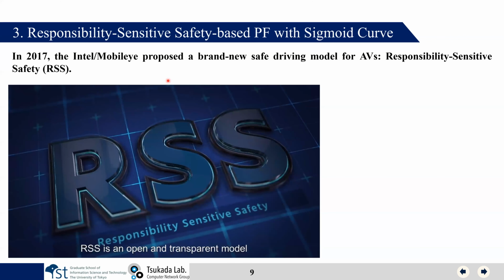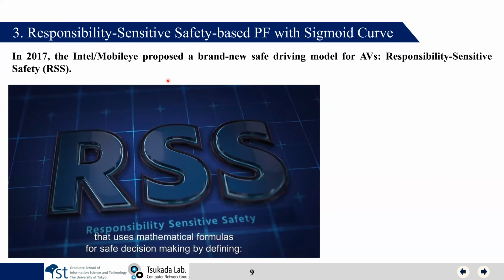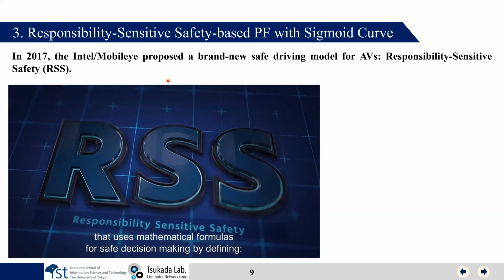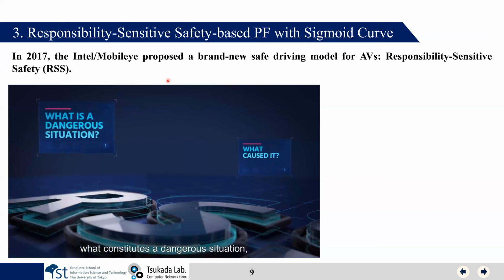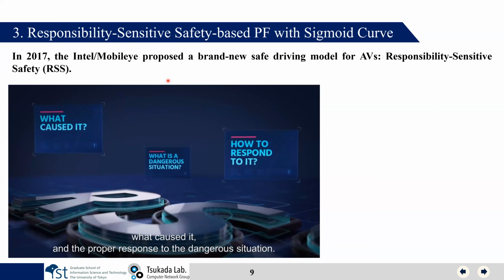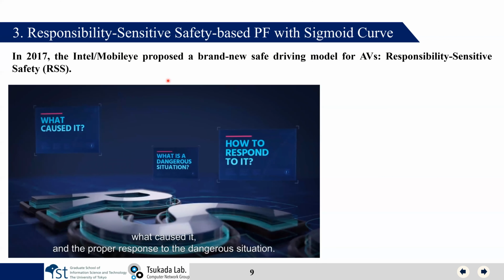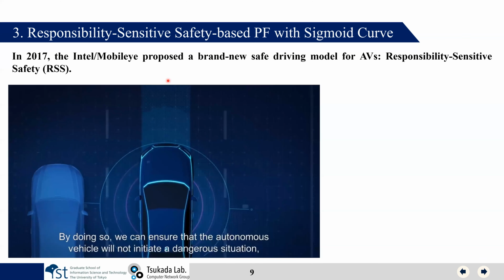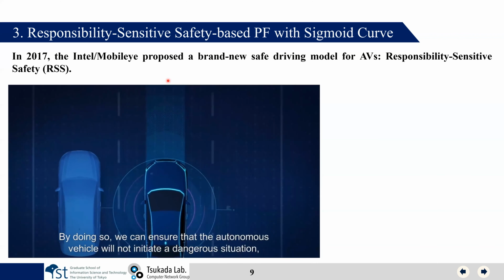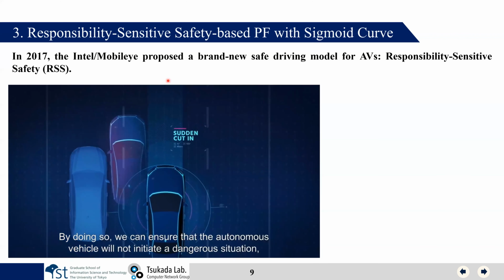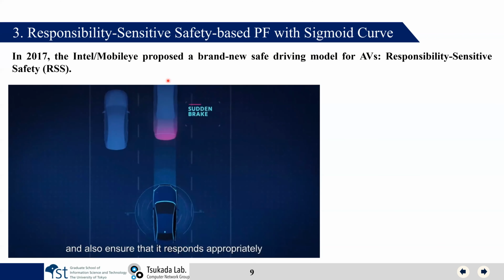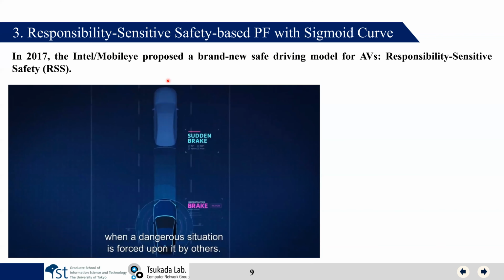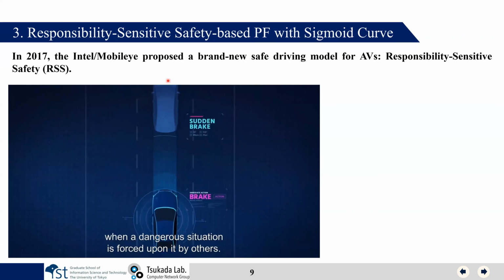RSS is an open and transparent model that uses mathematical formulas for safe decision-making by defining what constitutes a dangerous situation, what caused it, and the proper response to the dangerous situation. By doing so, we can ensure that the autonomous vehicle will not initiate a dangerous situation and also ensure that it responds appropriately when a dangerous situation is forced upon it by others.